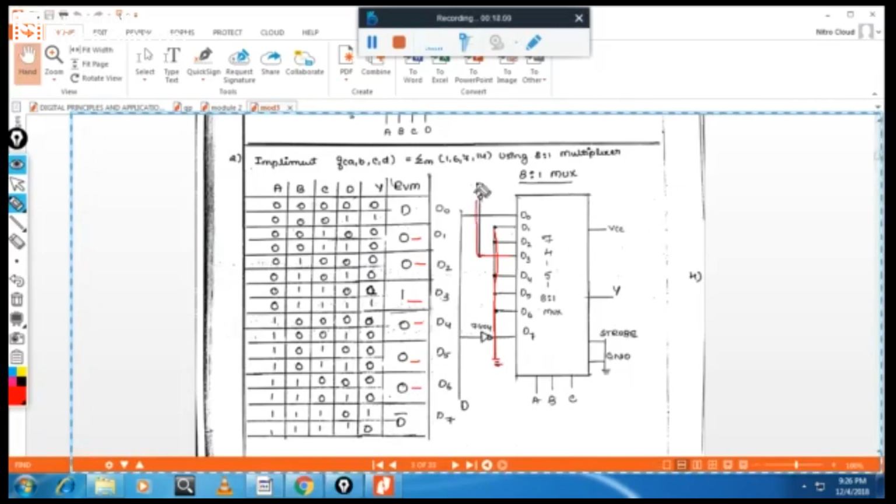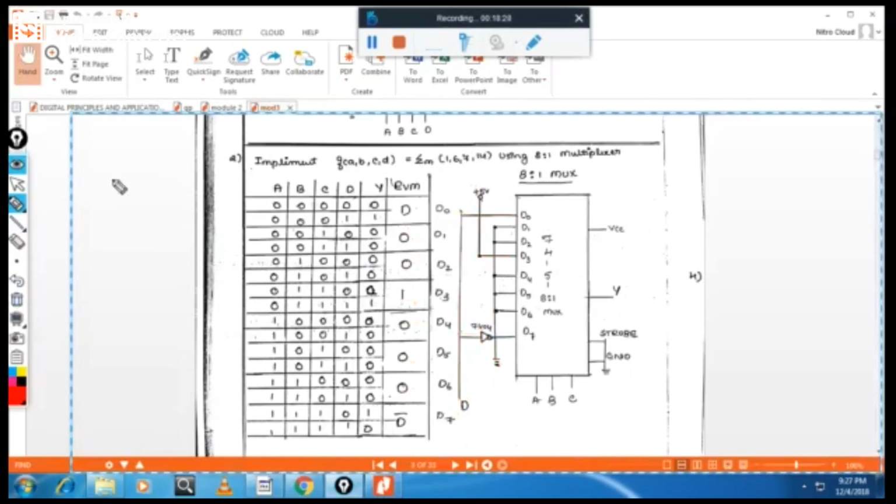D3 you connect to VCC. And D0 is D and D7 is D bar. Now this is D. So when I connect here one inverter, this gives me D bar. D7 is D bar. And if this directly goes, then it is D. If it goes through inverter, it is D bar. So like this, you have to solve this problem. This is the implementation by using 8:1 multiplexer.